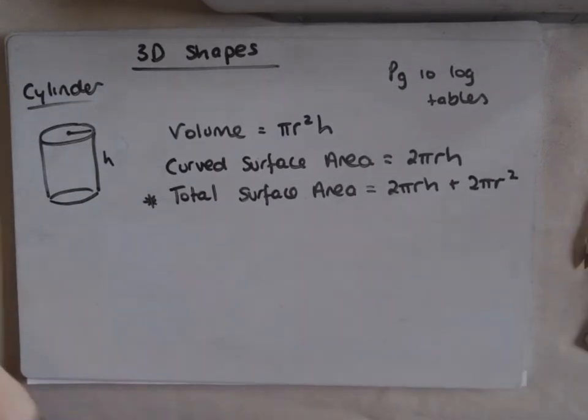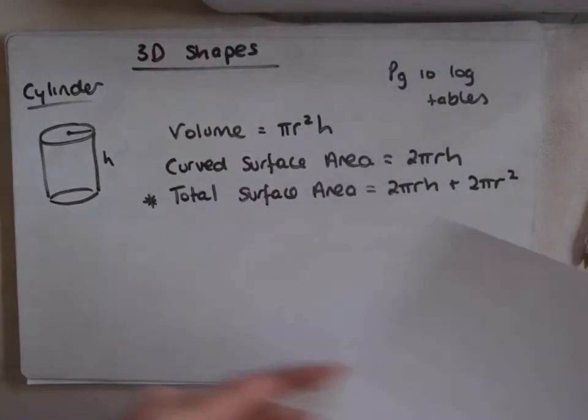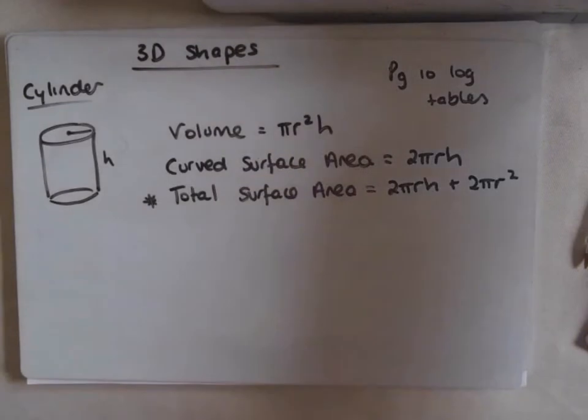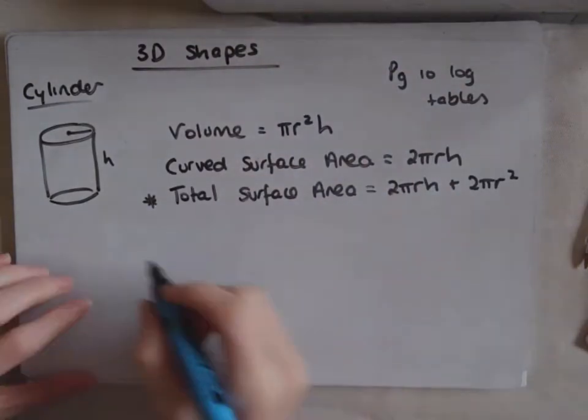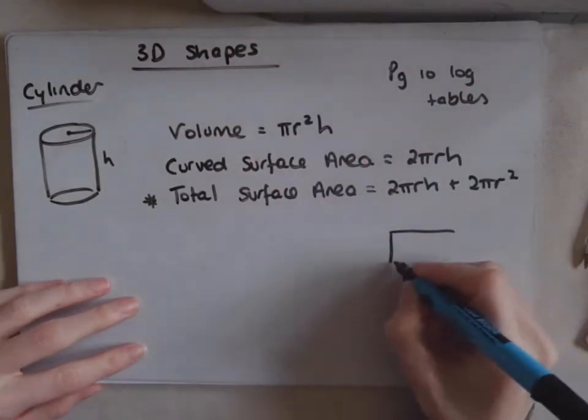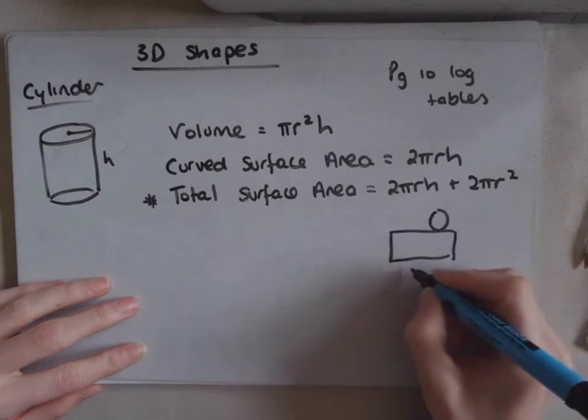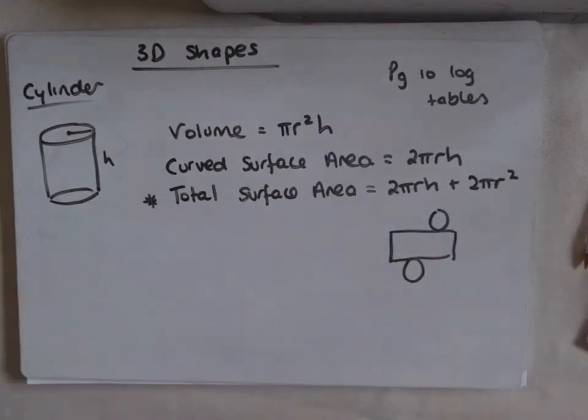Okay, so that's cylinder. The net of your cylinder, if you just want to draw a quick sketch of it, is a little rectangle, and then you've got a circle somewhere on the top, circle somewhere on the bottom. So it can be like that, okay?